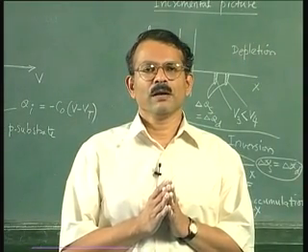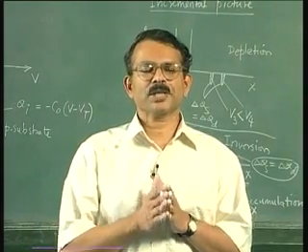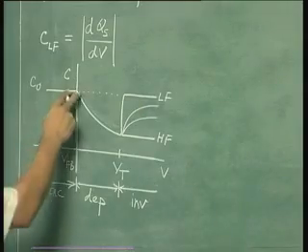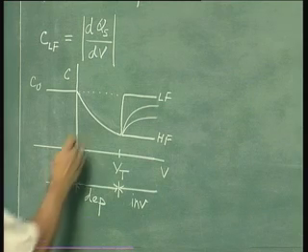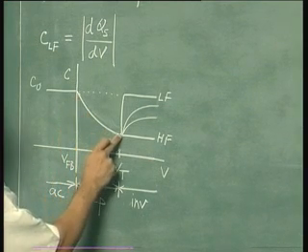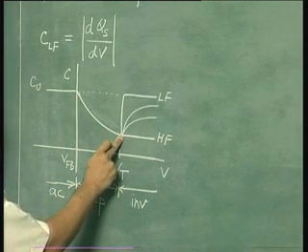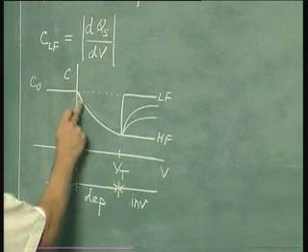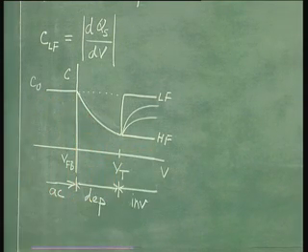Now, what is the expression for capacitance versus voltage in depletion? To complete the picture, if you want a quantitative analysis, we must have an equation for this curve, C versus V. Then we can easily get all the parameters of this particular capacitance versus voltage curve.